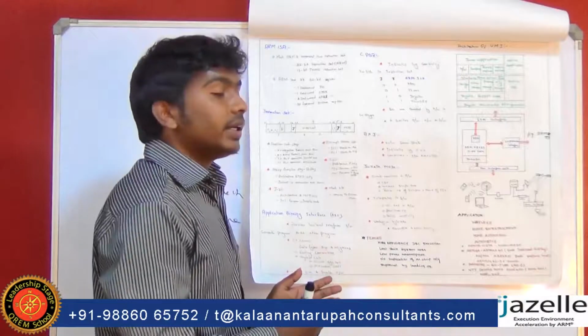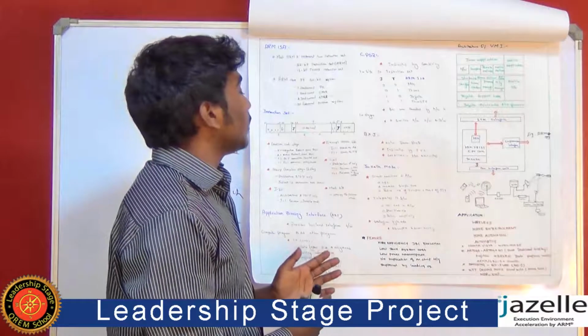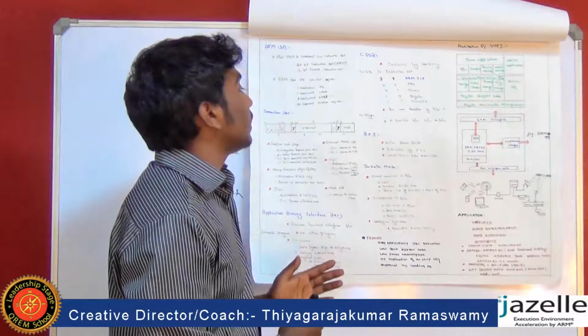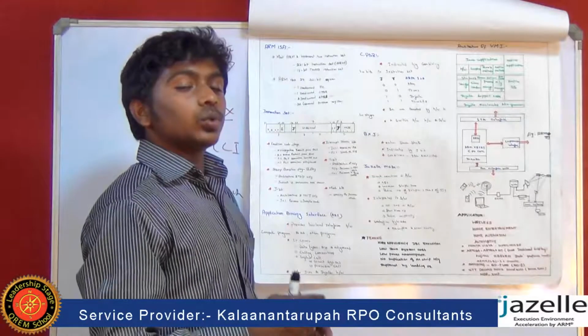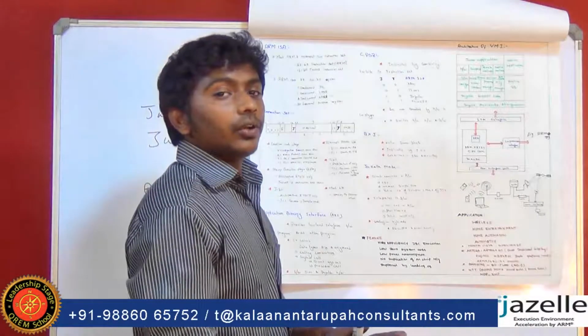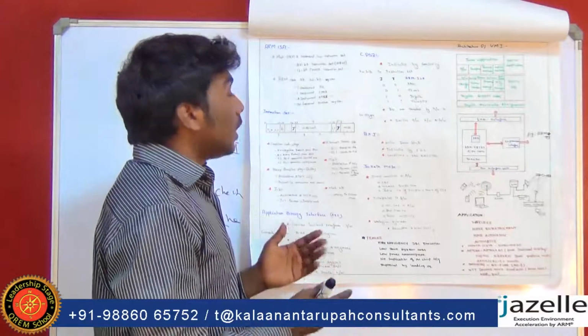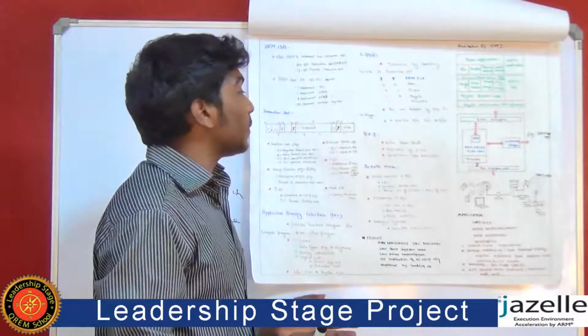And it also has 5 SPSR registers, that is saved program status register. It is used to save some programs so that they can be resumed and used later sometimes. It also has 30 general purpose registers that are used for various purposes.